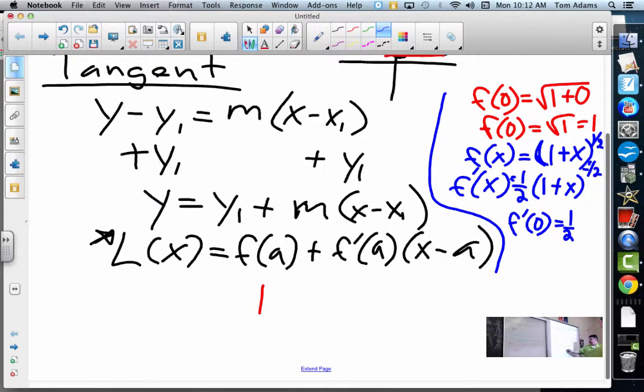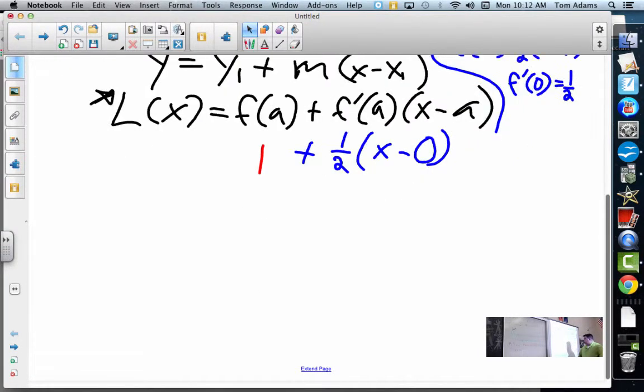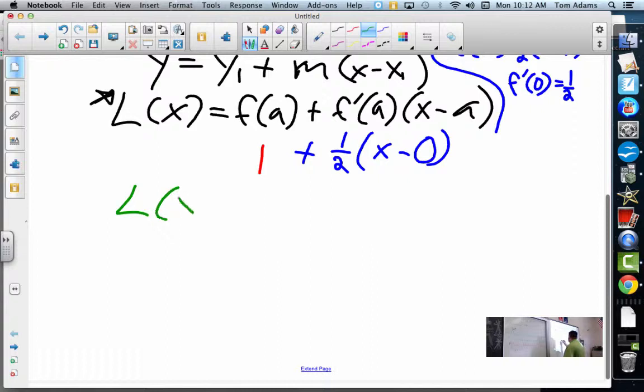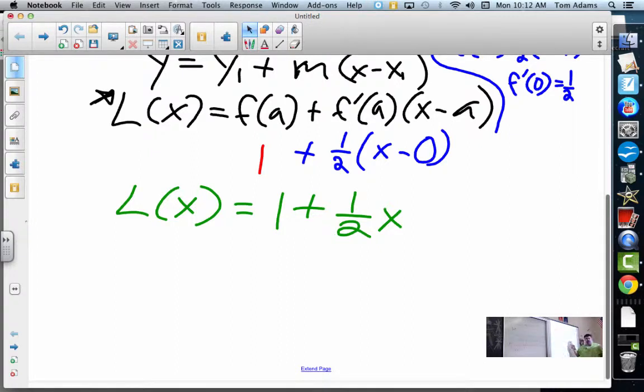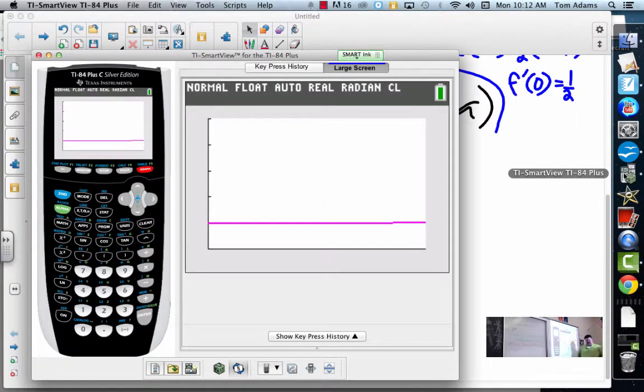So this becomes plus 1/2 times x minus a, which is 0. So if I rewrite all this together, my linear approximation, does that look familiar? That was the tangent line, right? That the calculator spit out. I see some looks like this.